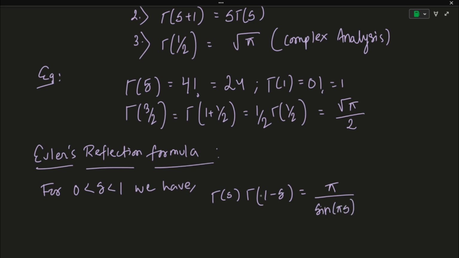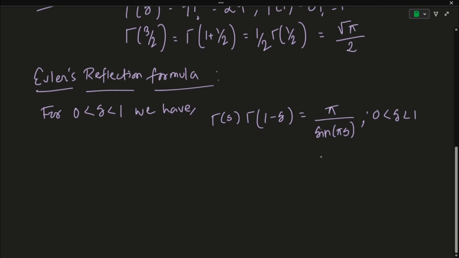And of course, if you put s equal to half, you get gamma of half whole square equal to pi, which means gamma of half is root pi. So yeah, this is Euler's reflection formula.